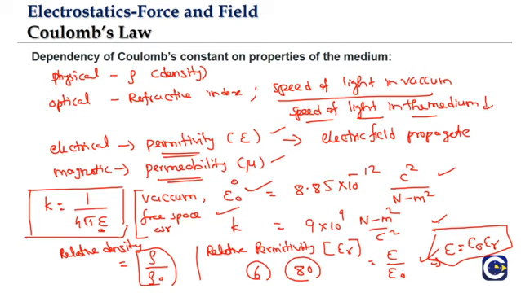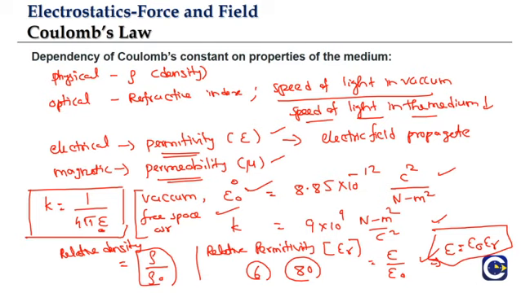So the Coulomb's constant K depends upon the properties of the medium. That property is an electrical property, which we are calling permittivity. And permittivity indicates the ability of a medium to allow an electric field to propagate through it. We'll learn more about this in further sections of the chapter. Just to give you an idea, in these electricity and magnetism chapters we will also be learning the idea of permeability.